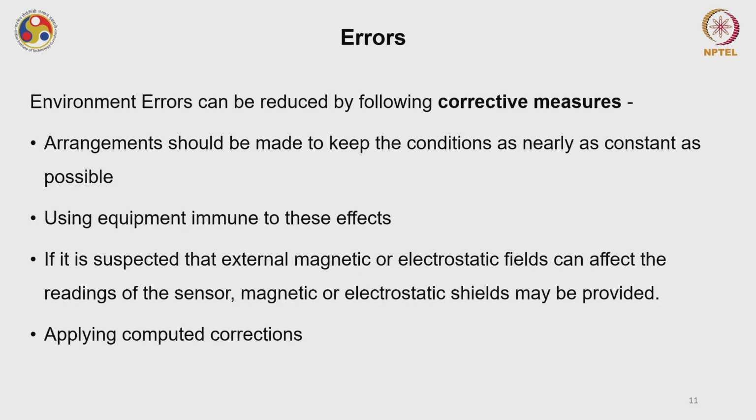Environmental errors can be reduced by following corrective measures. Arrangements should be made to keep the conditions as nearly constant as possible for these sensors.